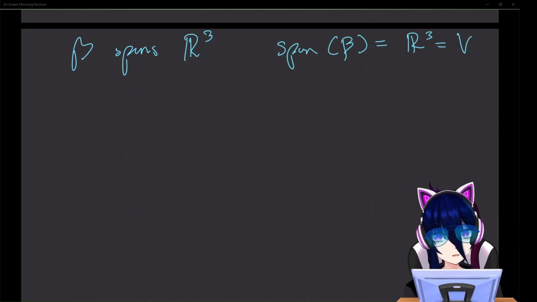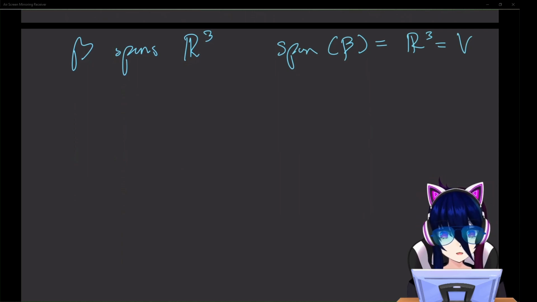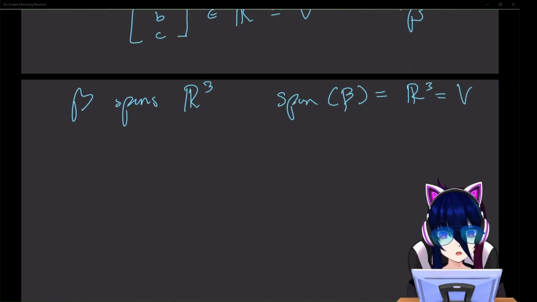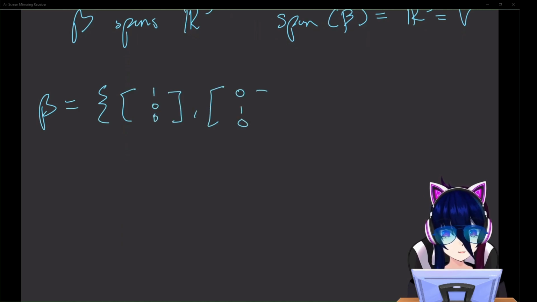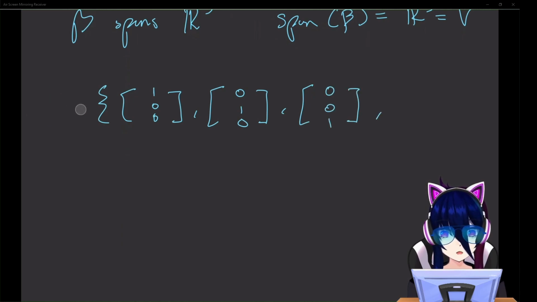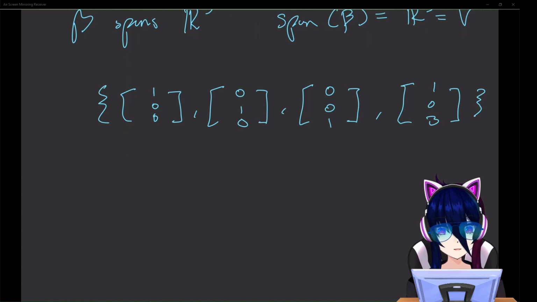The other thing that we have to do when creating a basis is look out for linear independence. So if we take what we have beta to equal 1, 0, 0, 0, 1, 0, and 0, 0, 1. Now let's say we also include something like 1, 0, 3 in there. Why is this no longer a basis?